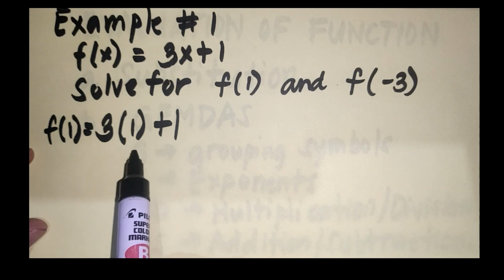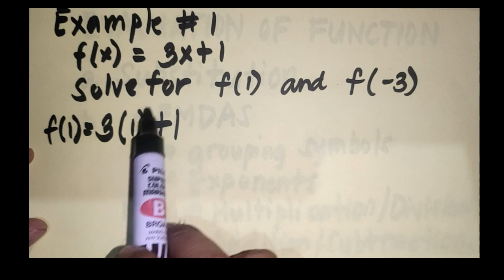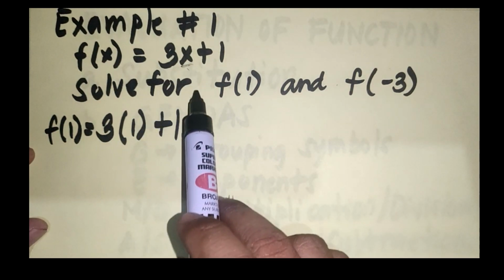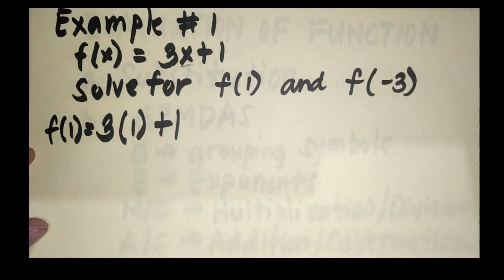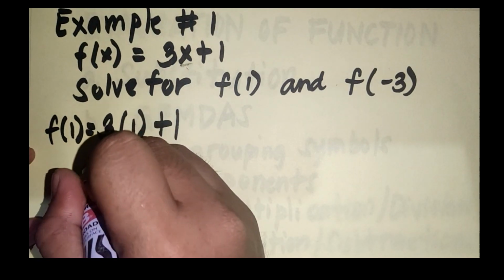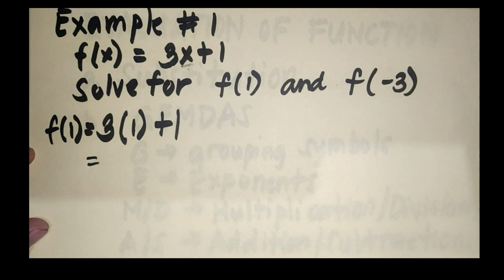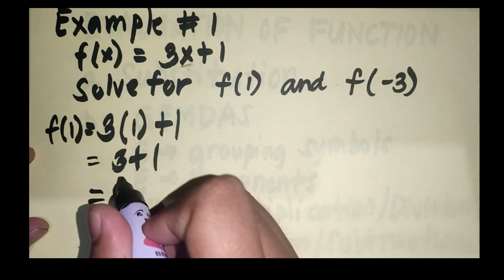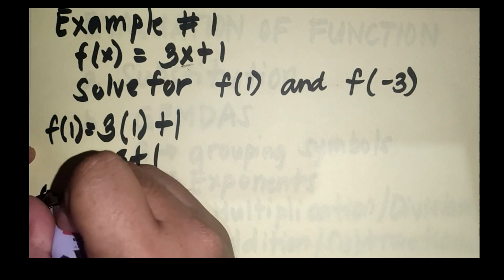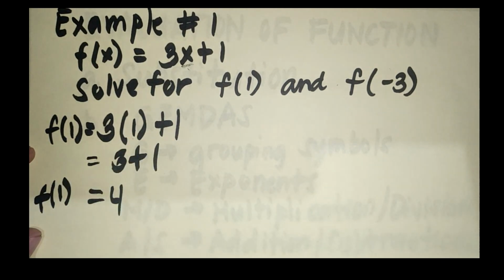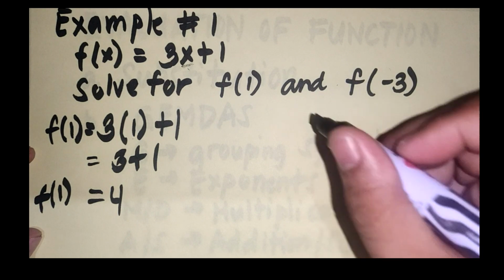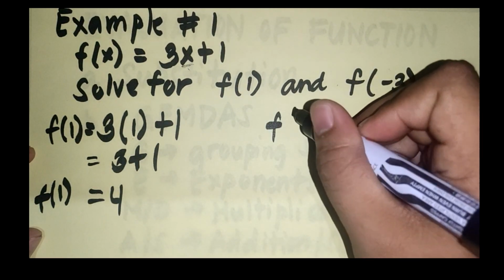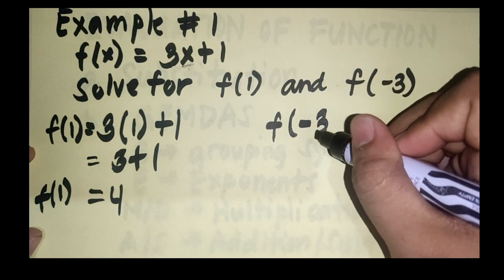So as you can see, pinalitan lang natin yung x ng kanyang value, which is 1. Then evaluate the function. So we have 3 plus 1, then we have 4. So f of 1 is equal to 4. Next, we have the f of negative 3.